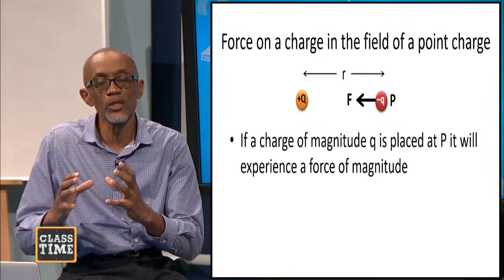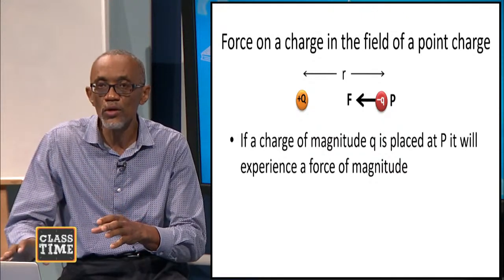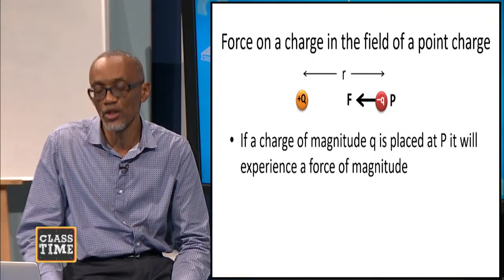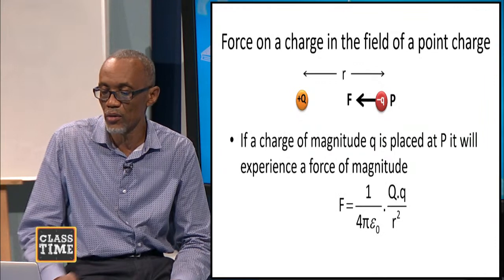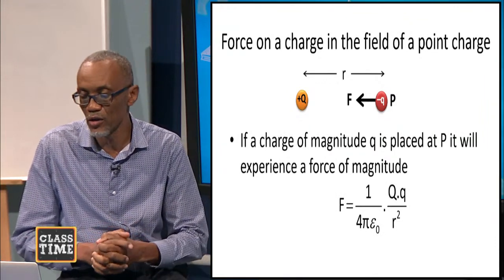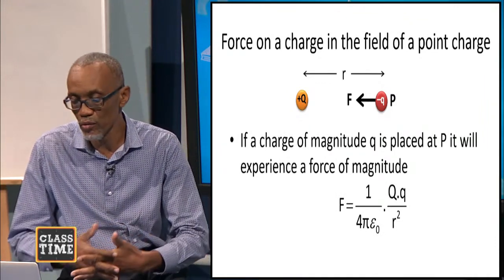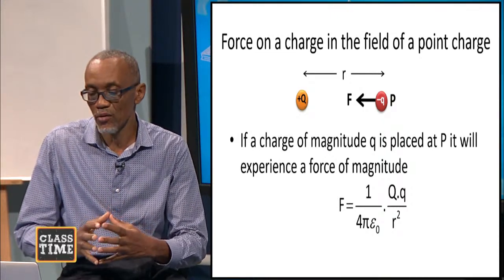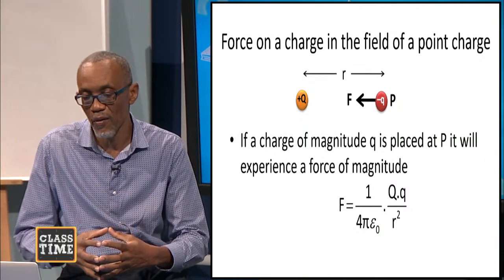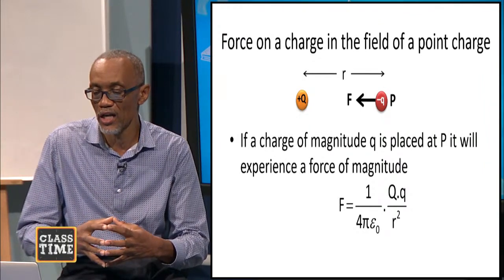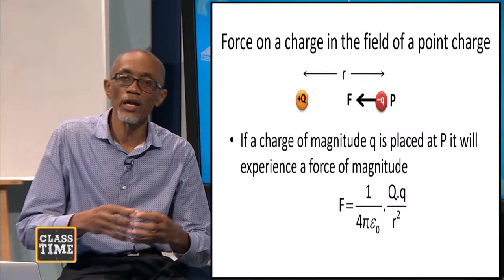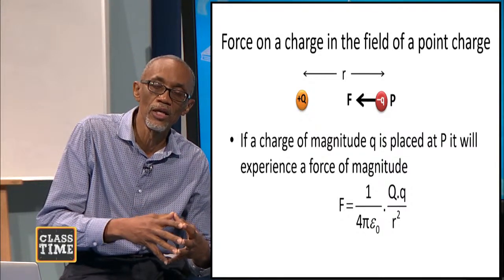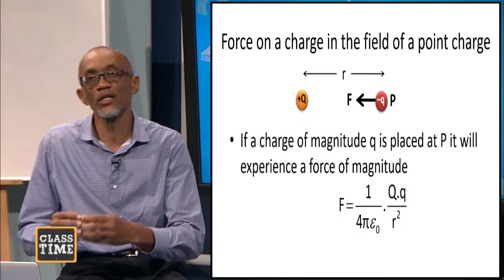If we multiply that by the charge q, we get the magnitude of this force, which would be 1 over 4 pi epsilon 0 times Q times little q, over r squared. And so that would be the force exerted by the charge positive Q on the charge little q.